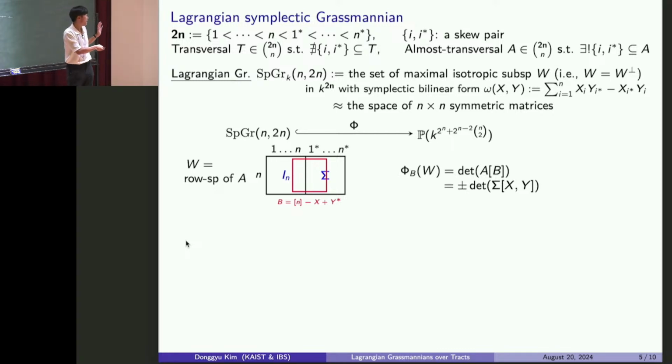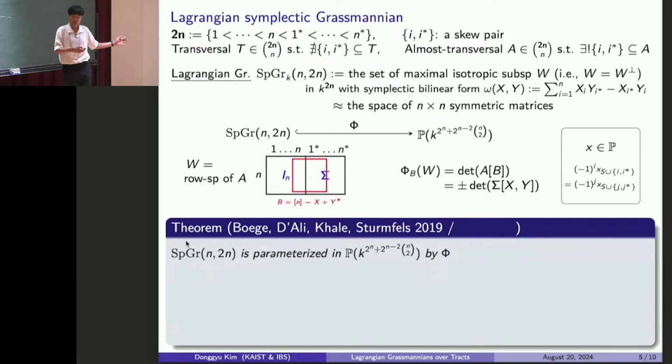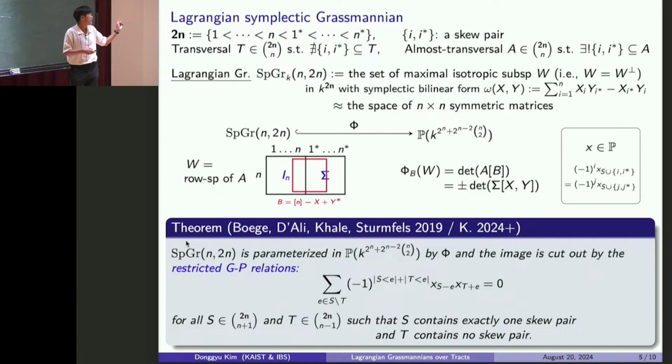Then we have the n by 2n matrix, and consider all maximal minors with the certain condition that here x and y must be the same or differ by only one element. Then using this information, you can parameterize this into projective space, luckily. And what I checked is that this can actually be theoretically cut out by a very simple Grassmann-Plücker relation with the conditions on S and T being like this.